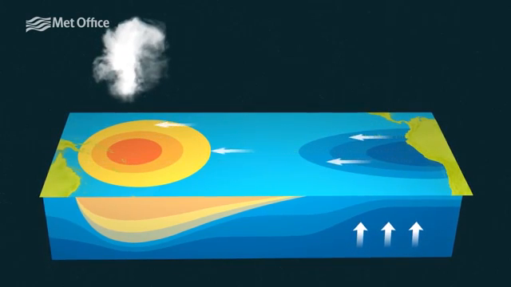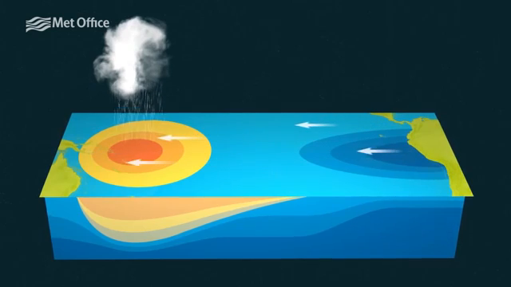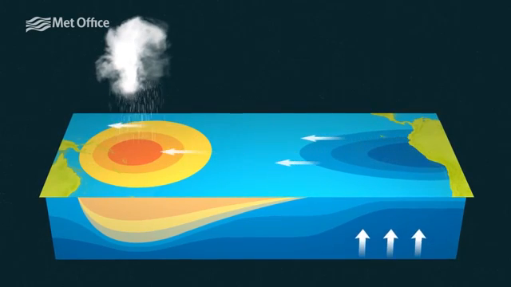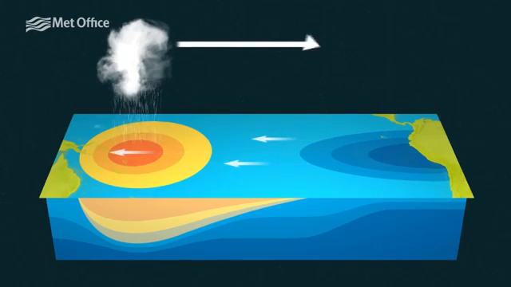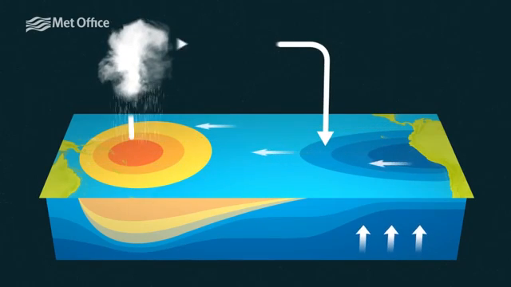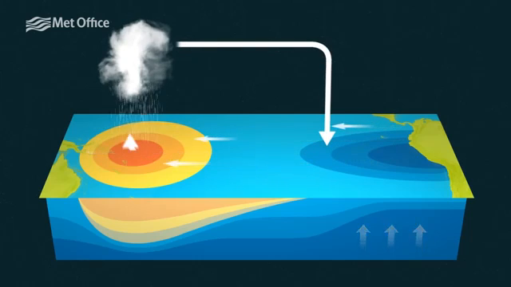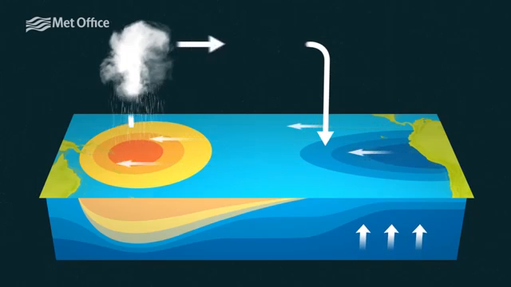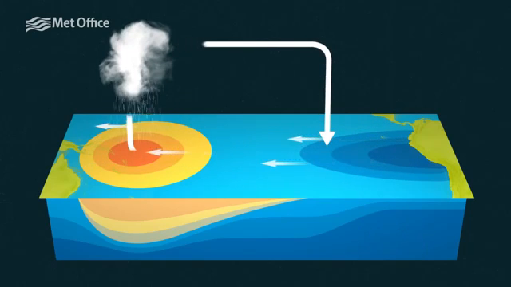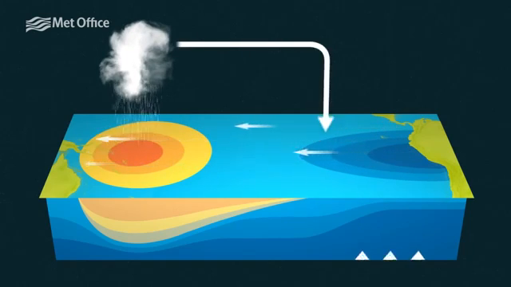That rising air in the west sets up atmospheric circulation across this part of the world, with warm, moist air rising on one side of the ocean and cooler, drier air descending on the other. This circulation reinforces the easterly winds, so this part of the world sits in a self-perpetuating state until El Niño begins.